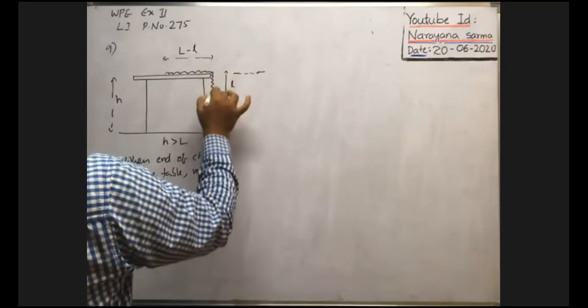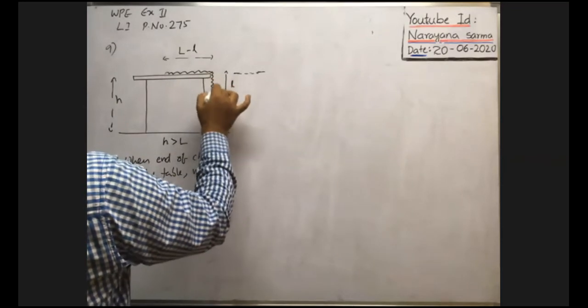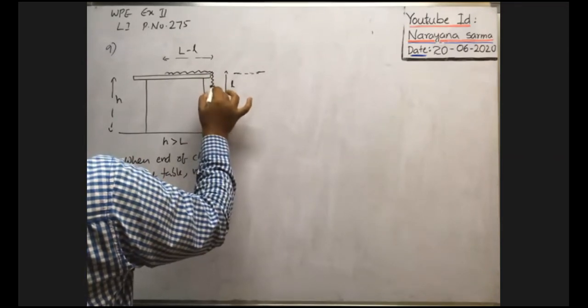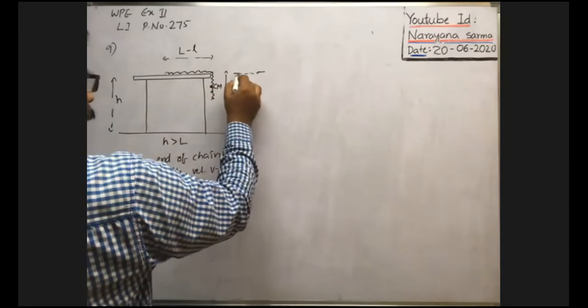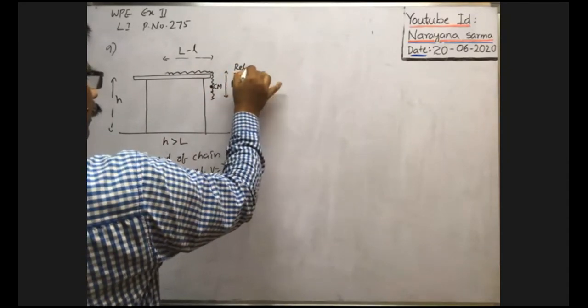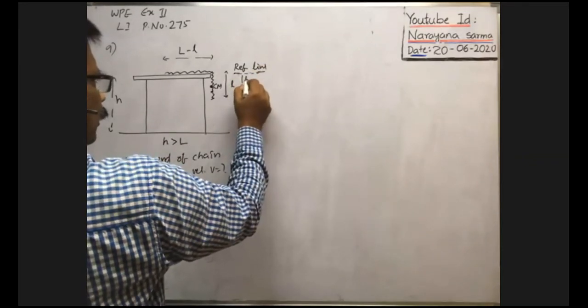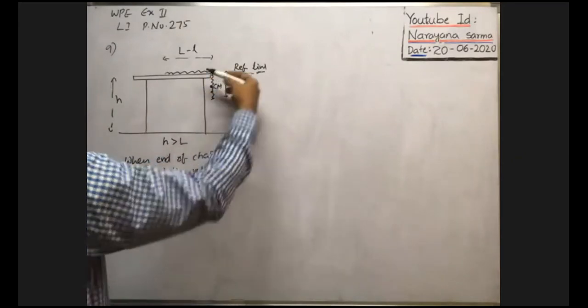This hanging part has potential energy. As the hanging chain is an extended mass, you consider the center of mass concept. The center of mass is at a distance l by 2 from the reference line, below the reference line.